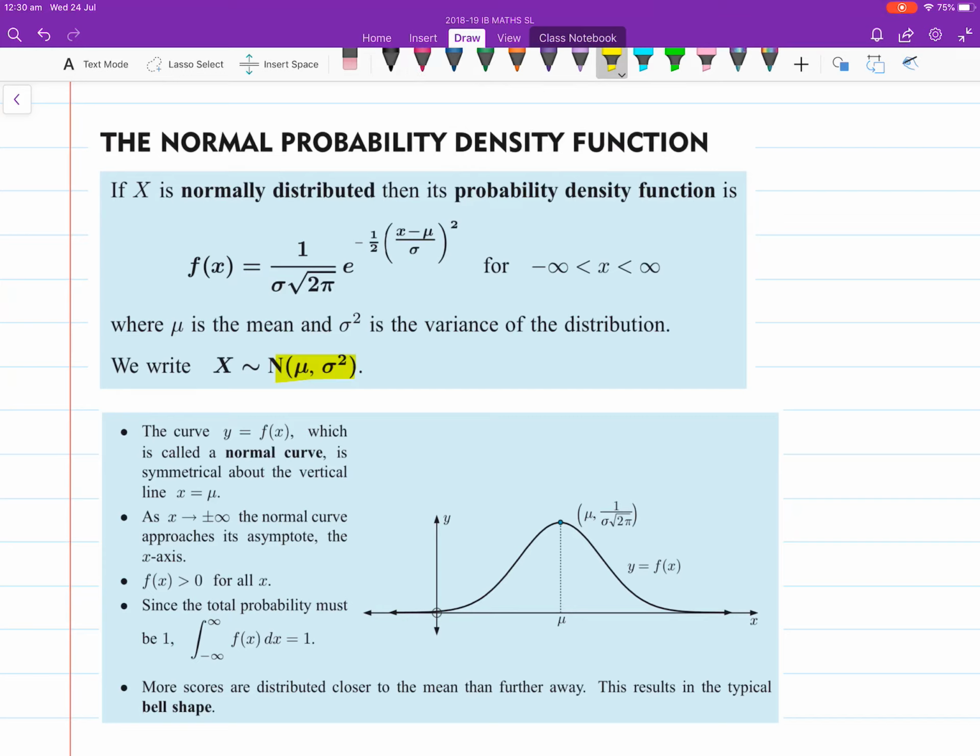Your variable x is normally distributed, where mu is your mean and sigma squared is the variance of your distribution. So just don't forget, this symbol means "is distributed as".